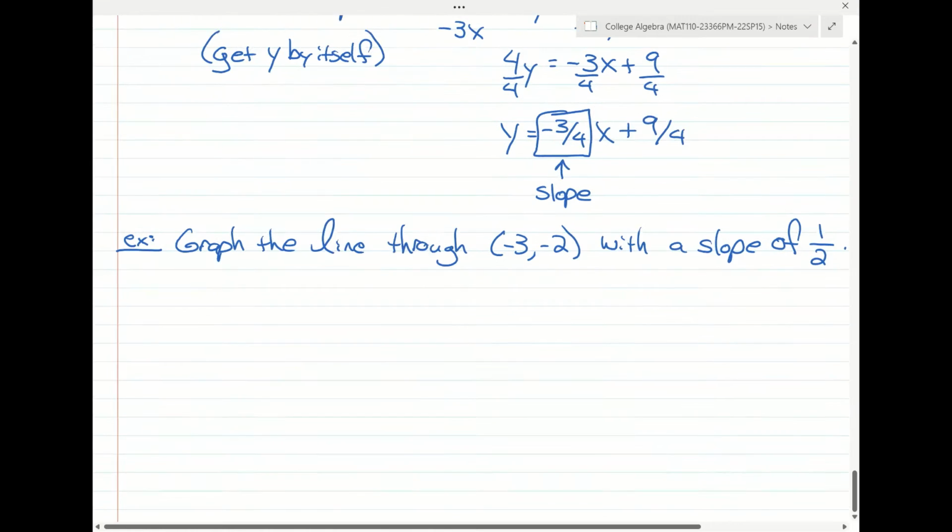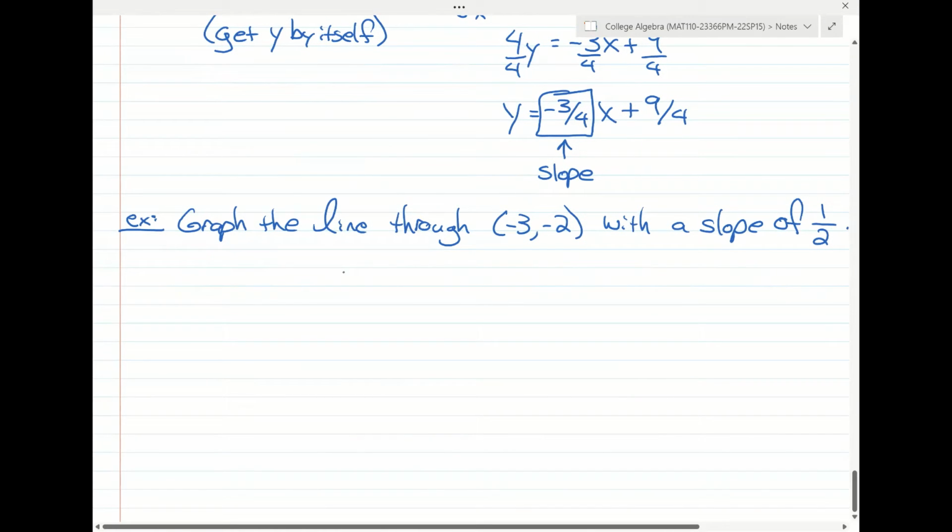If I just ask you to graph a line that goes through negative 3, negative 2, remember this is the x value, this is the y. So negative 3, negative 2 is right here.